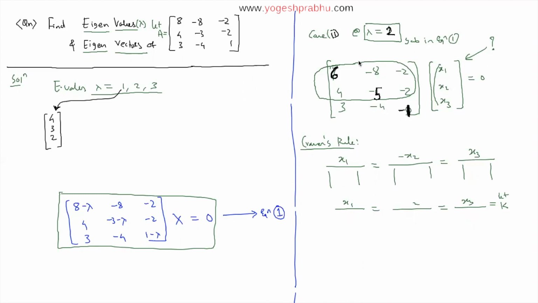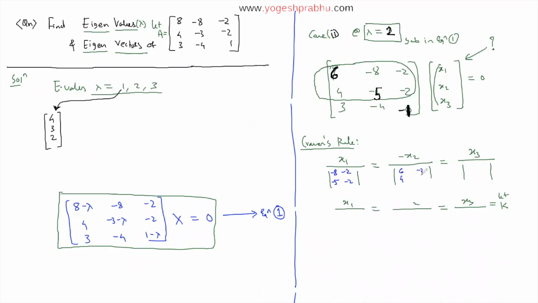For x1 you will take these: minus 8, minus 2, minus 5, minus 2. And for x2 you will take 6, 4, minus 2, minus 2.